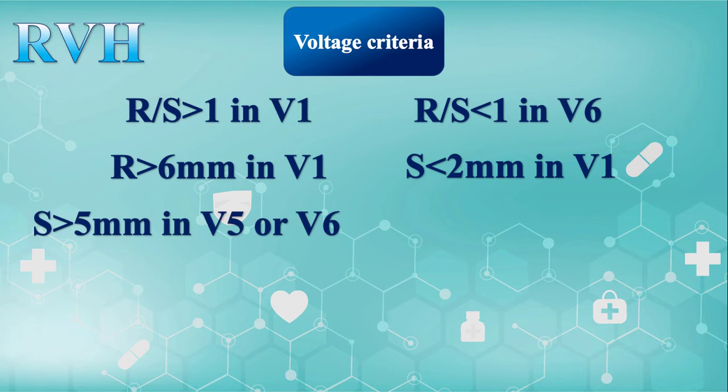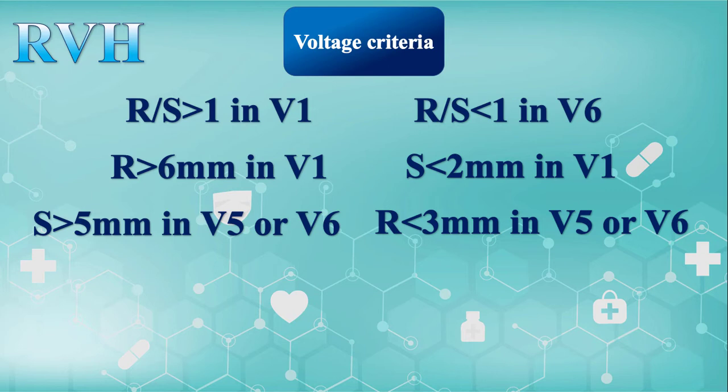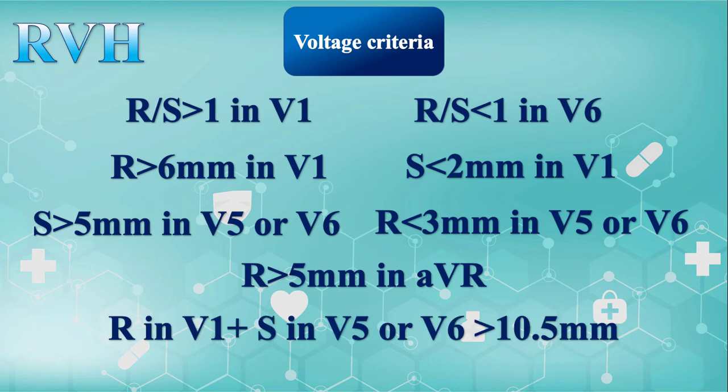S wave more than 5 mm in V5 or V6, or R wave smaller than 3 mm in V5 or V6. R wave more than 5 mm in aVR. And sum of R in V1 and S in V5 or V6 exceeds 10.5 small boxes, are well-established voltage criteria for RVH.